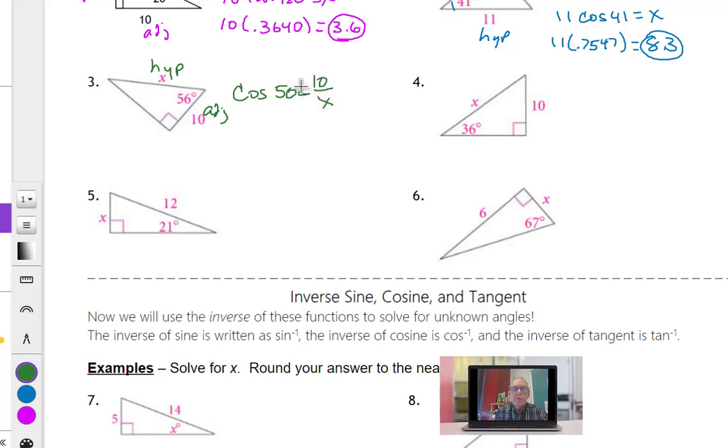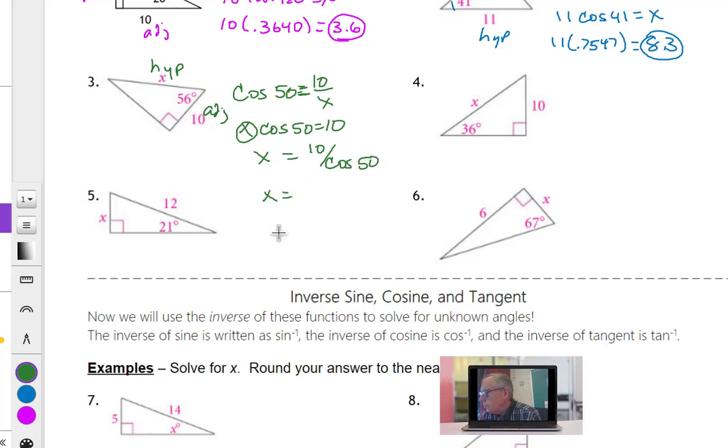Now x is in the denominator, so it's going to take 2 steps to get it out of the denominator. We're going to multiply both sides by x, so x cosine 50 equals 10. To get x by itself, we need to divide both sides by cosine 50. We get x equals 10 divided by cosine 50.